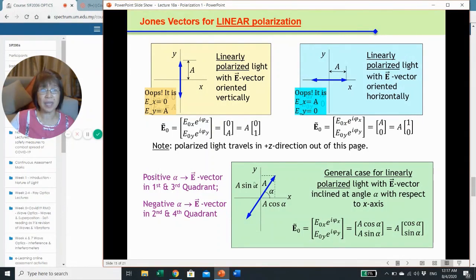If it were inclined in the second and fourth quadrant, then alpha would be negative. So we will represent the elements by A cos alpha on top, and the bottom one will be represented by A sine alpha. Take out the factor A, you have cos alpha and sine alpha.